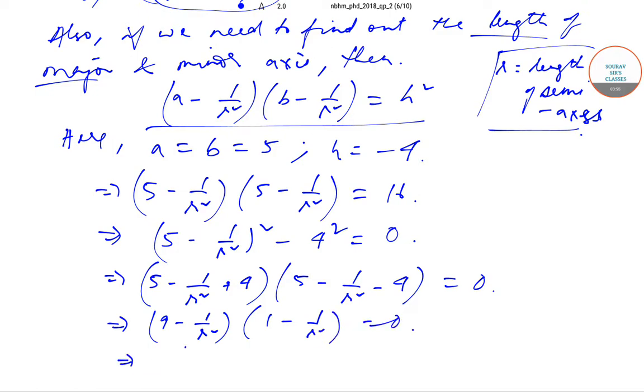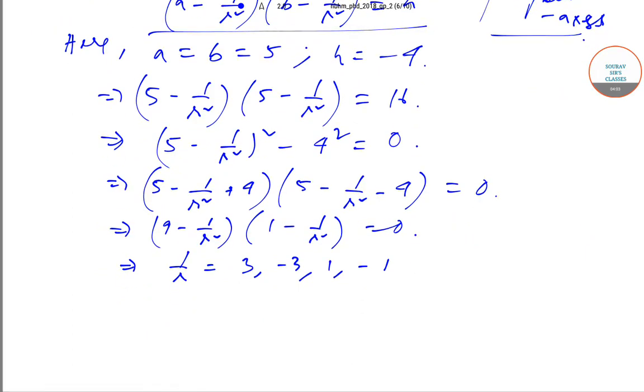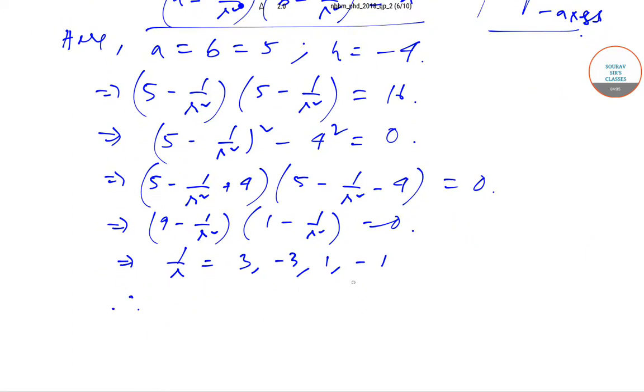So therefore we can write that 1 by r will be equal to 3, minus 3, 1 and minus 1. Okay, so therefore if 1 by r is equal to these values, then r will be equal to 1 by 3, minus 1 by 3, 1 and minus 1.